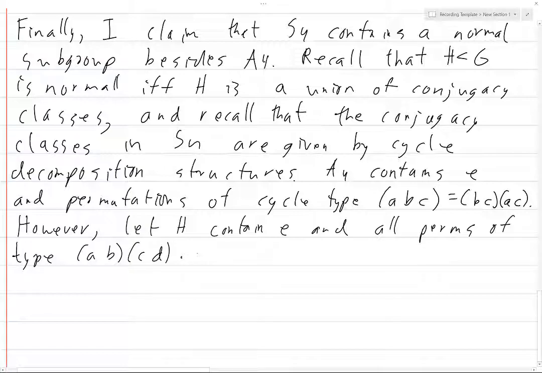So then H is going to have E in it. It's small enough that we can just write it out. It's going to have (1 2)(3 4). It's going to have (1 3)(2 4). And it's also going to have (1 4)(2 3).